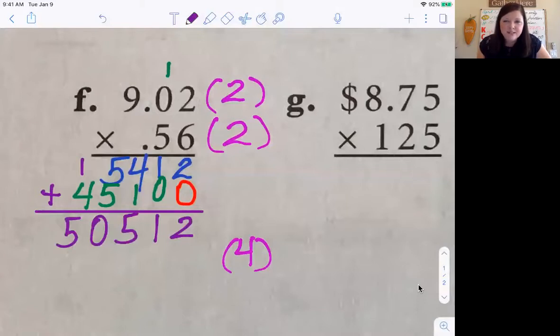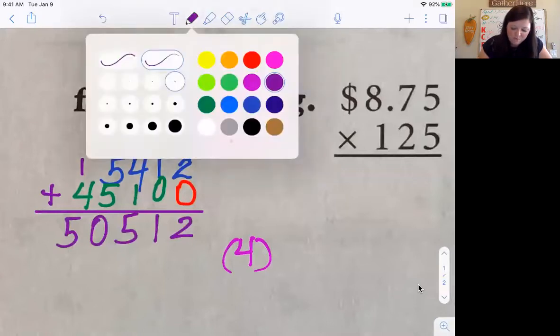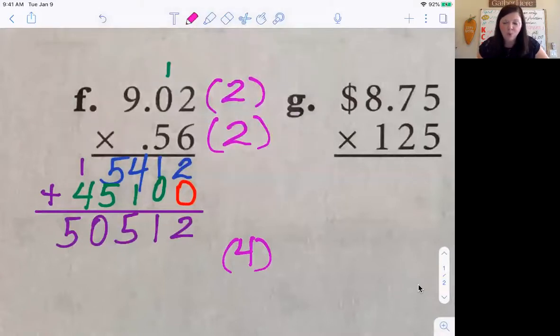Do you remember how I said we are going to come back to that 4 at the very end? We're now at the very end, and it's time that we go back to it. That 4 means we need to have 4 digits behind the decimal. Am I going to start counting at the 5 or at the 2? At the 2. It is really important that we start counting from the right.